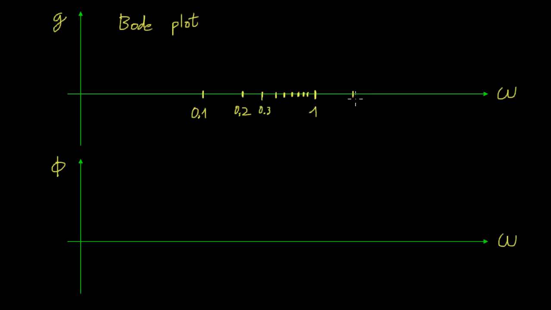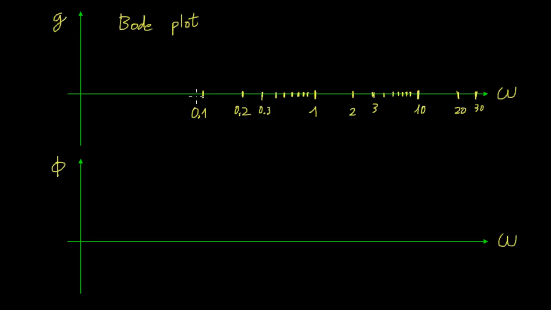And now this point here is not 1.1 radians per second, but 2 radians per second, and this would be 3, 4, 5, 6, 7, 8, 9, and 10. And now we continue with 20 and 30 and so on and so on.